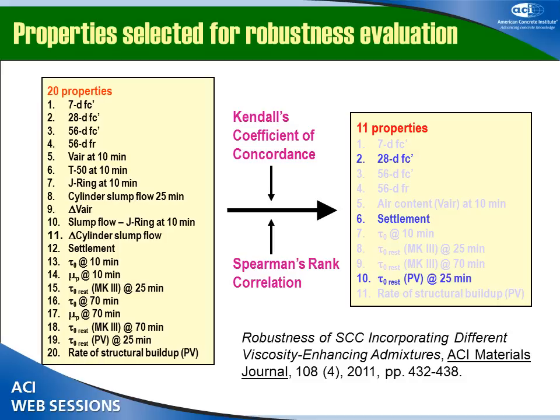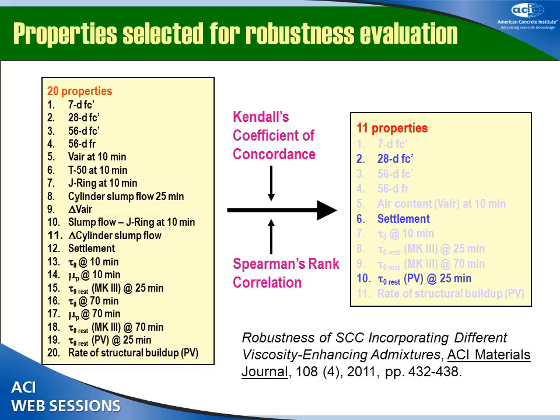That will give us also a very similar evaluation between the different chemical admixtures and their effect on robustness. And then we also applied another statistical approach, Spearman ranking. So you go from 20 to 11, and if you really have to, for preliminary studies, you can even go to 3. So you evaluate the surface settlement of your concrete, the static yield stress of your concrete, which is also stability, and the 28-day strength.